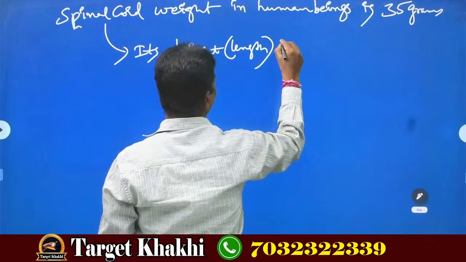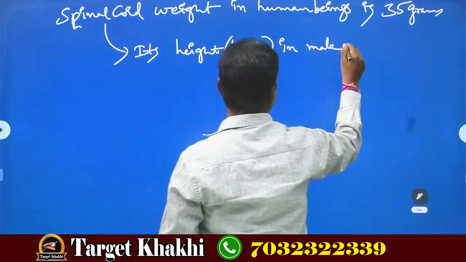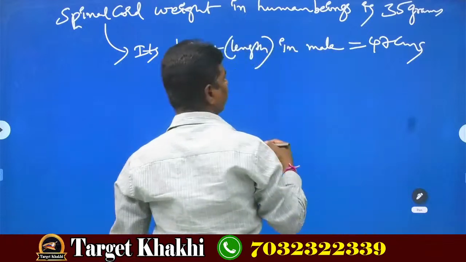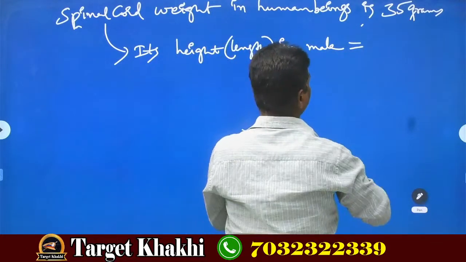The spinal cord length in male is equal to 47 centimeters.